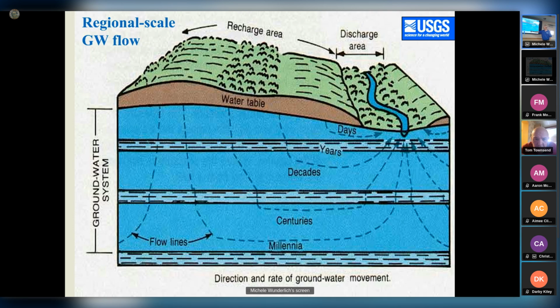Certainly on Long Island, there's water that's over 1,000 years old that's down there that's being pumped today.